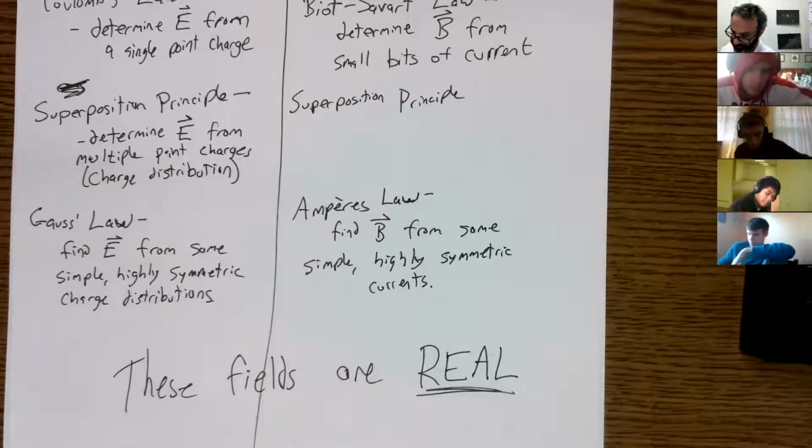The magnetic field, the electric field actually exist, right? And you probably shouldn't believe that yet if I haven't given you enough evidence for it. But hopefully by the end of the class, you'll see why that is. All right, these are real objects. We can't see them, but we can feel them.